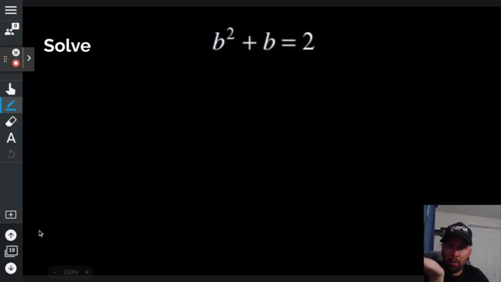Now I have a solved problem. Now, when you solve a quadratic, you are dealing with something called the zero product property. I almost misspoke. Zero product property. What's that?